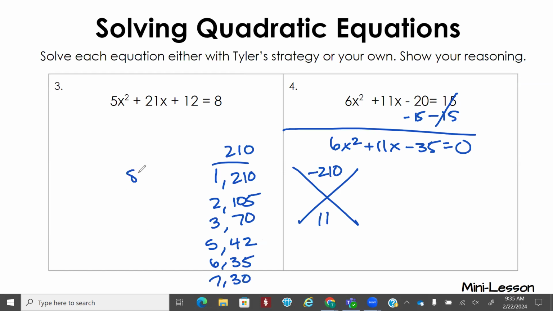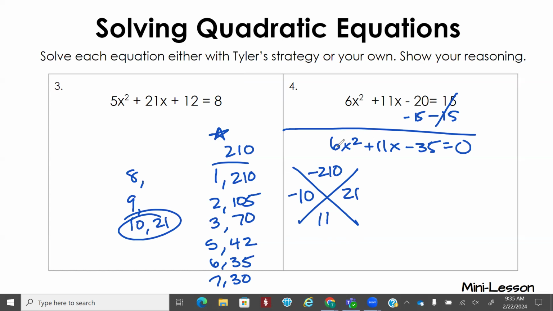What about 8 times something? Nope. 9 times something? 10 times something? 21. Okay. I can add 21 and 10 together to get you 11, right? I don't expect you to know the factors of 210, but you are able to list them out. Okay. Everybody okay at this point?